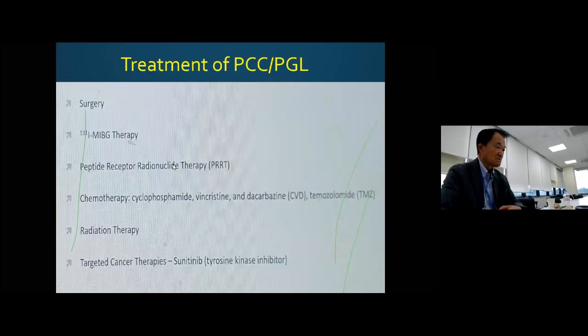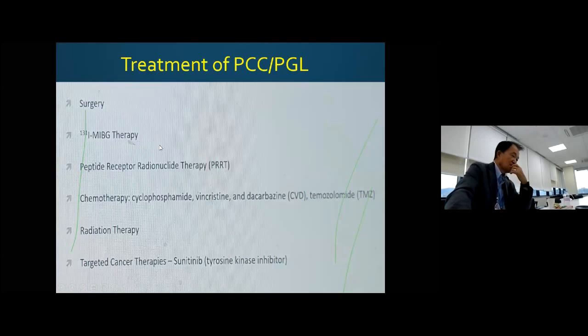For treatment, surgery is initial, and then somatostatin receptor specific diagnosis and therapy.